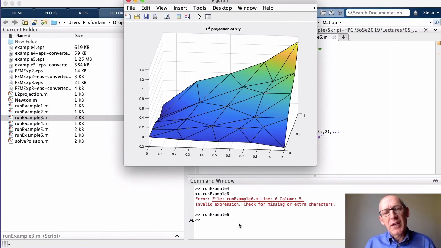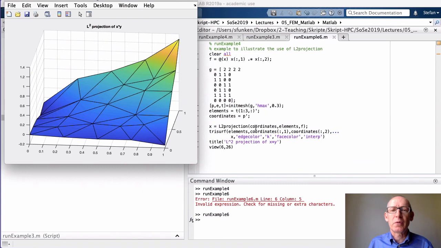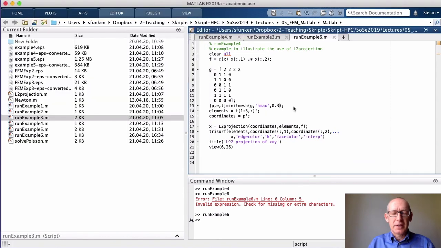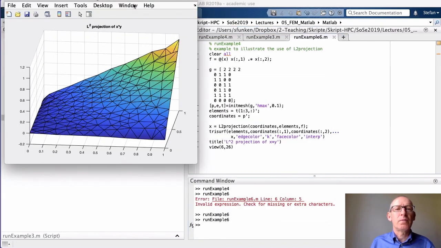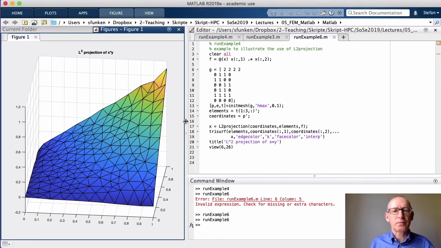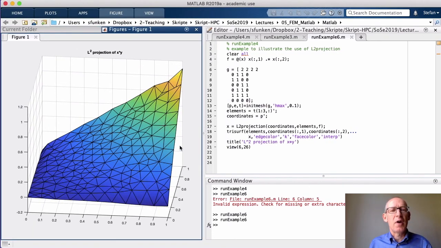Here we see more or less the result we would expect, closer to the result we would expect. Take a finer mesh. And now the result looks closer to the function we would like to expect.